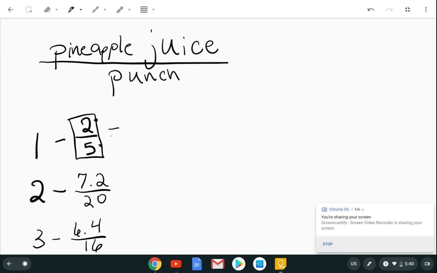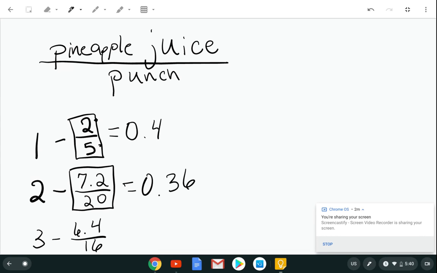All right, type that in your calculator and see what you get. 2 divided by 5, and you get 0.4. And then let's do the same thing with the next one. Type this fraction into your calculator. 7.2 divided by 20, and you get 0.36.